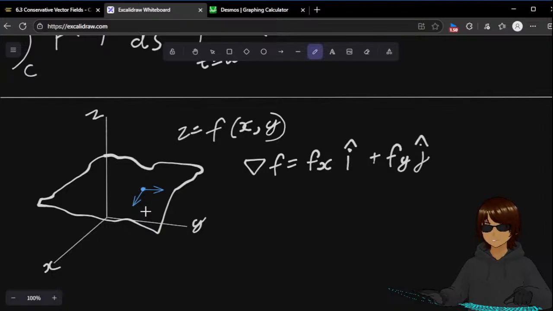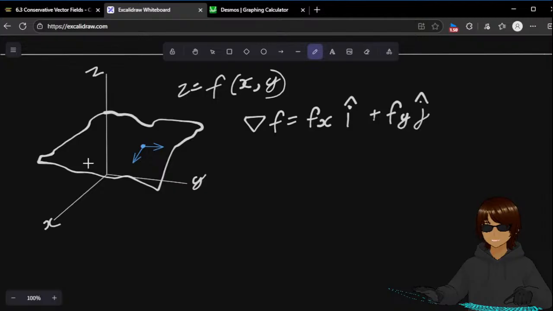So this vector is parallel to the xy plane because there's only i and j, right? So i is in this direction, j is in this direction. These two vectors are parallel to this plane. So for the entire surface, we can define all of the gradient just in the xy plane.